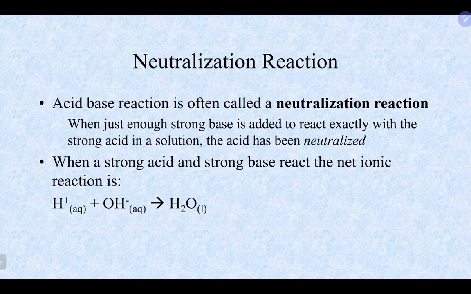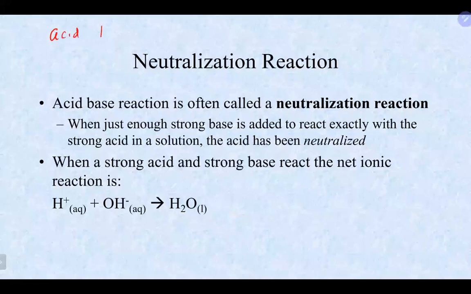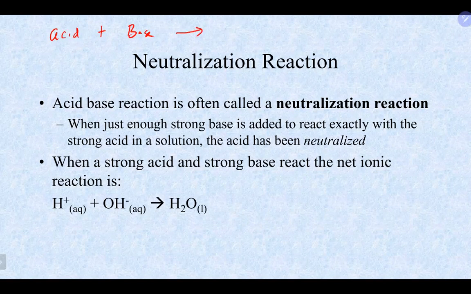Remember that when you have an acid and it reacts with a base, you really do get two things. You get water and a salt, and a salt is an ionic compound. Water is a result of the H plus from the acid and the OH from the base.